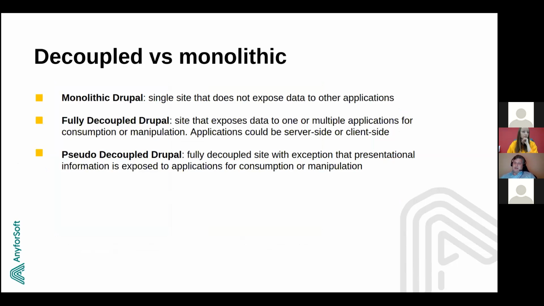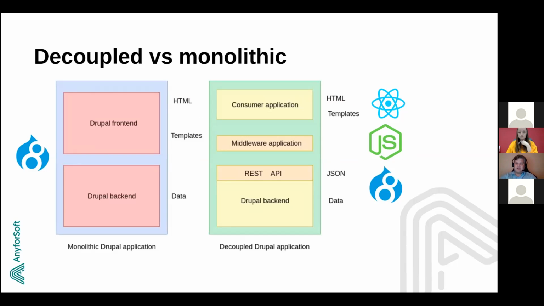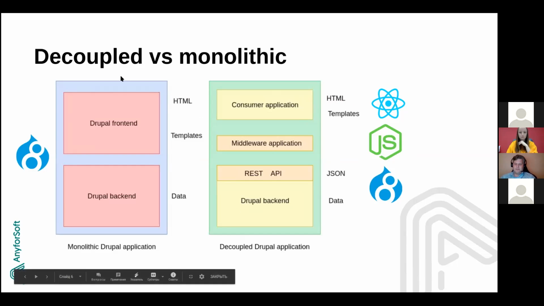And let's do some additional comparison. Decoupled versus monolithic: monolithic Drupal is a single site that does not expose data to other applications. It uses its own architecture, as we can see there.